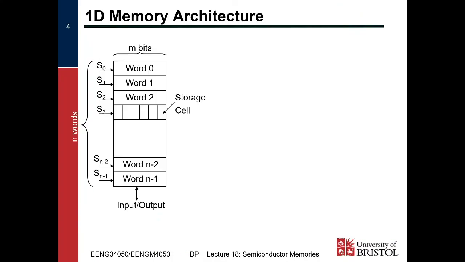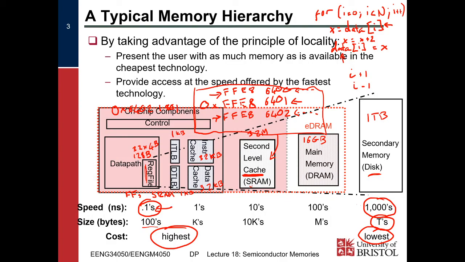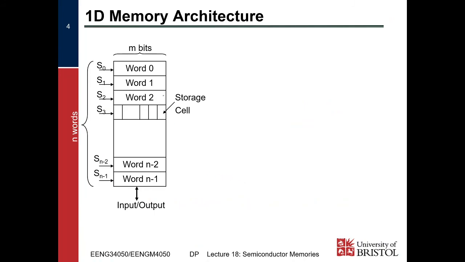So let's have a look at how we might implement one of these RAMs, because first we need to think, well, how are we going to lay out all this memory? We know how to create a single cell, let's presume. How are we going to lay it out? The most simple thing, like how the original memories worked, was a 1D memory architecture.